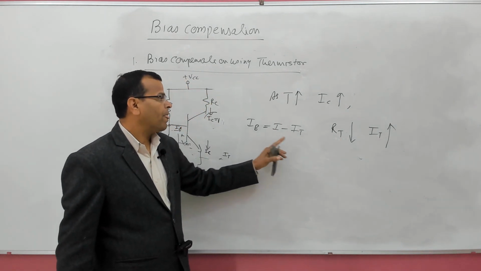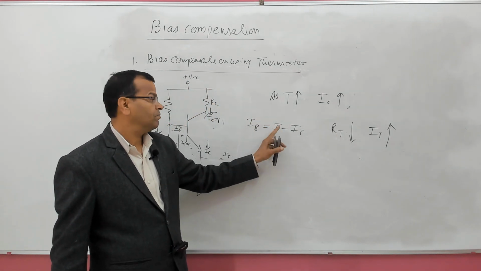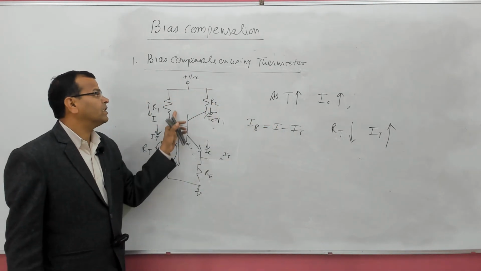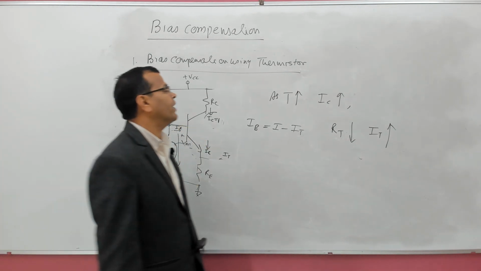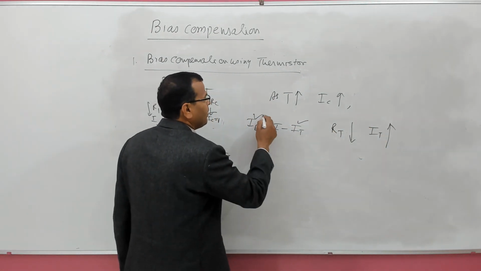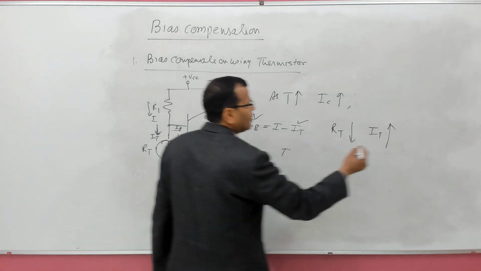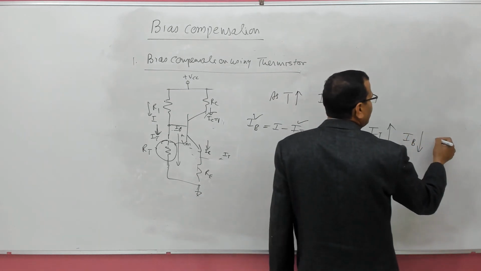So what will happen? As IT increases, base current will decrease, assuming that this resistance is not changing and the current through this is the same. I is also the same, right? So when IT is increasing, IB is reducing. Therefore this results in a reduction in base current, and when IB reduces, what is this?